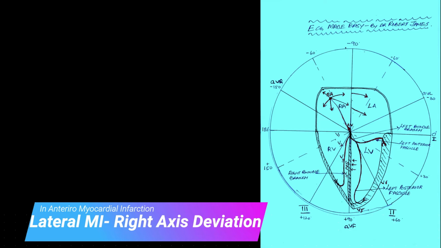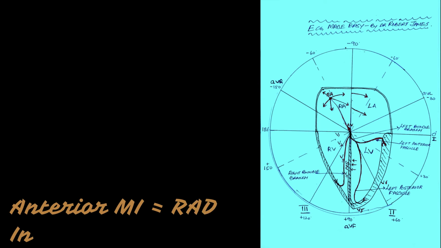So you plot lead 1 at 180 degree, and automatically opposite to lead 1 is AVF. AVF becomes more positive. We can draw 2 plus signs at AVF plus 90 degree. So the axis is now lying in right axis deviation quadrant from plus 90 to 180 degree. So in short, in anterior MI there is RAD, in inferior MI there is LAD.